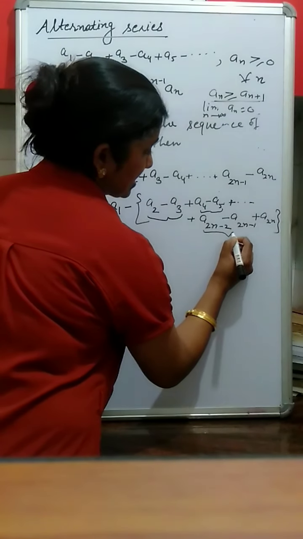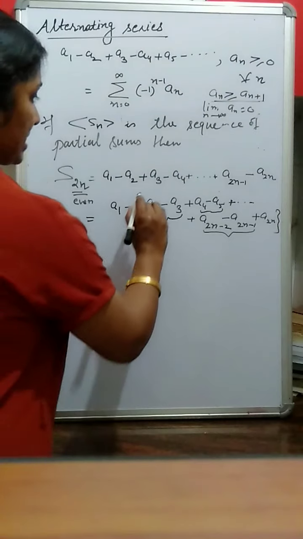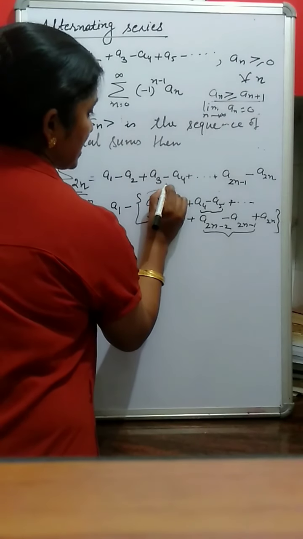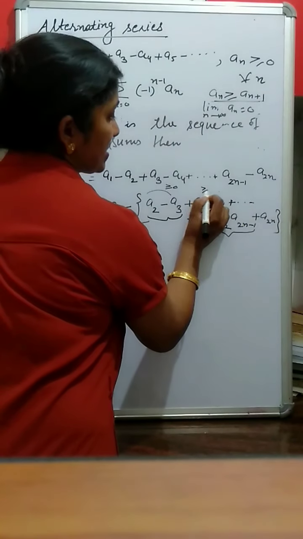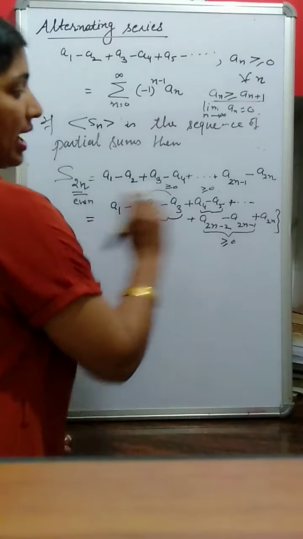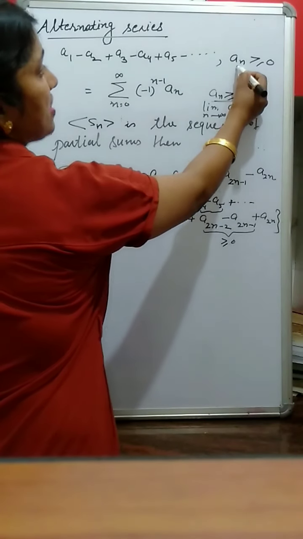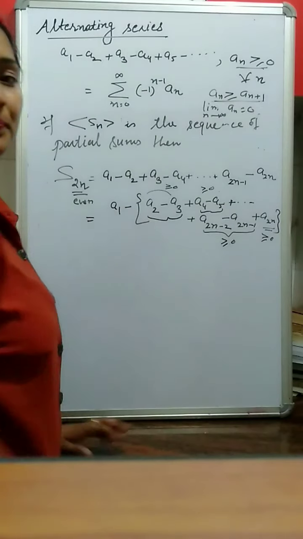Similarly a2n minus 2 is greater than or equal to a2n minus 1. So this difference is non-negative, greater than or equal to 0. A4 minus a5 is also greater than or equal to 0, and as each term is non-negative, this is also greater than or equal to 0.